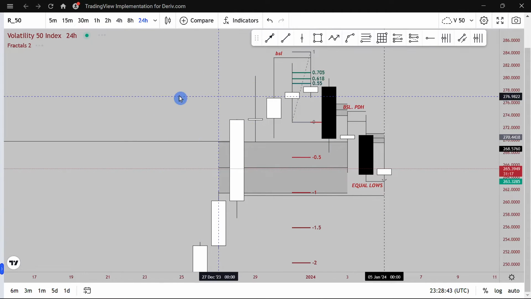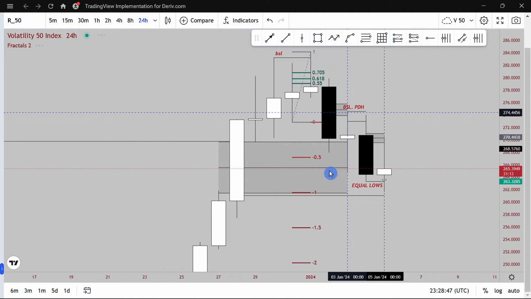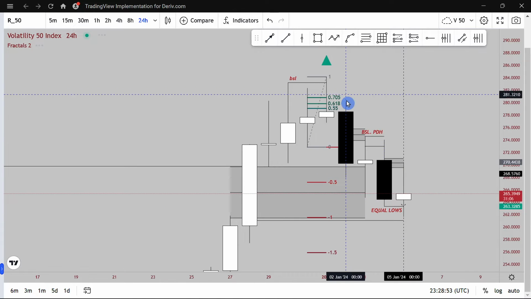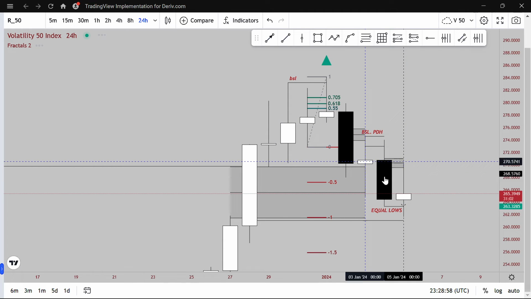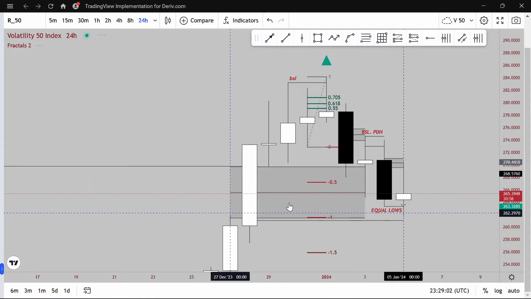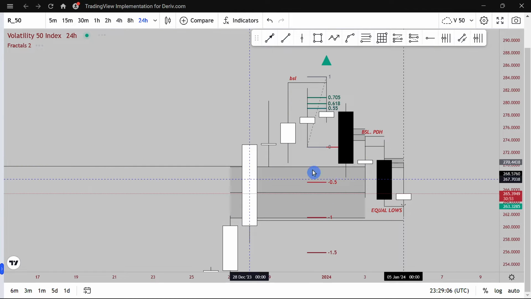Okay, so if price has taken liquidity, there's a possibility that price will then rebalance an imbalance before it will seek the next liquidity. Okay, so once this candle closed bearish, I wanted to see the candles that follow fill this entire fair value gap. Okay, fill it completely. So this is the daily chart.